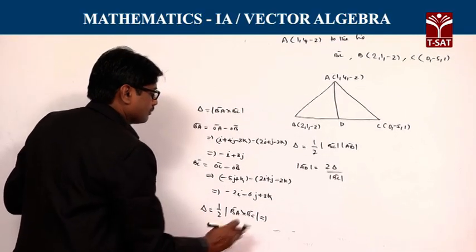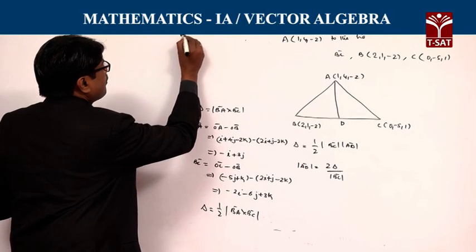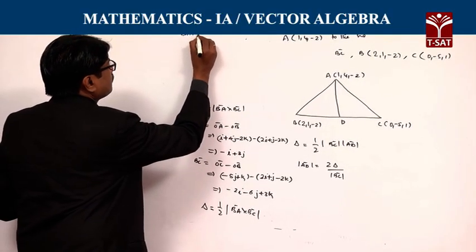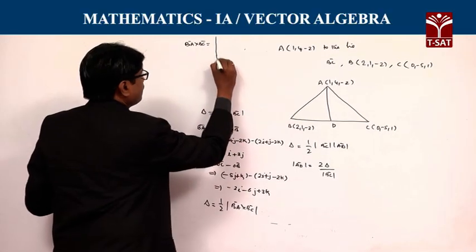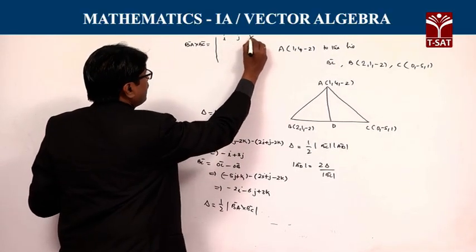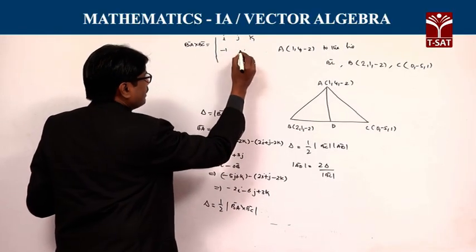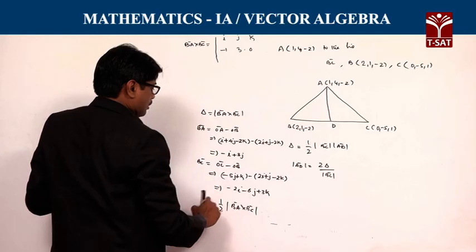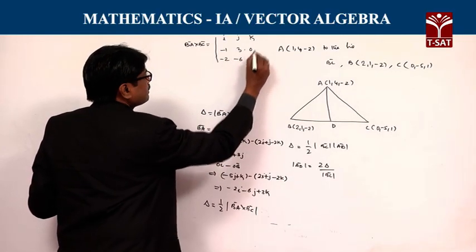Okay. So, first find out BA bar cross BC bar. The value of BA bar cross BC bar is equal to determinant of I bar, J bar, K bar, BA bar. BA bar is equal to minus 1, 3, 0. BC bar will be minus 2, minus 6 and plus 3.